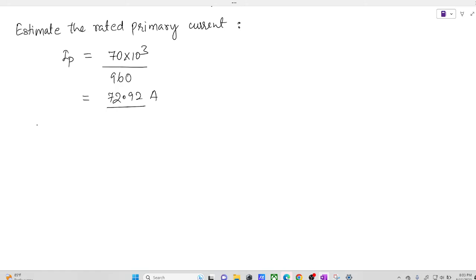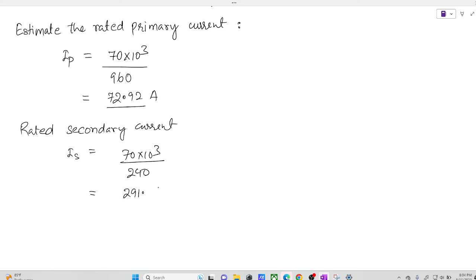Similarly, 70 into 10 power 3 upon 240, what is the answer? 291.67 amps. Okay, fine.